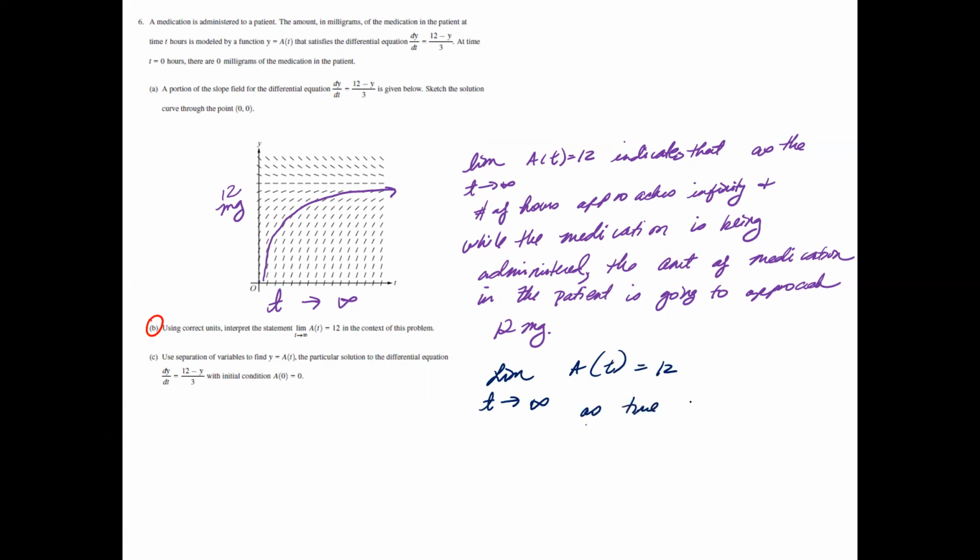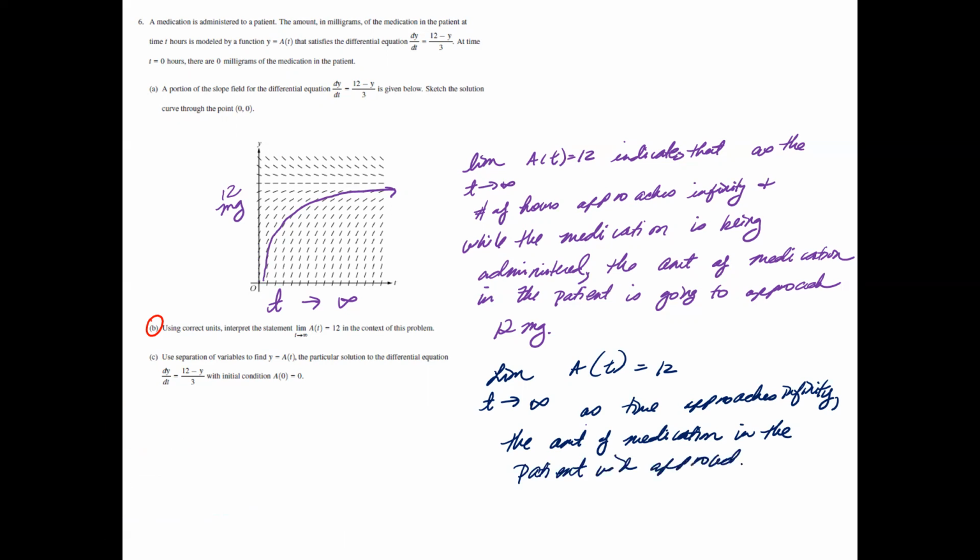So as time approaches infinity, the amount of medication in the patient will approach 12 milligrams. You can write this however you want using whichever verbiage is worthwhile to you, but that is sufficient for this problem.